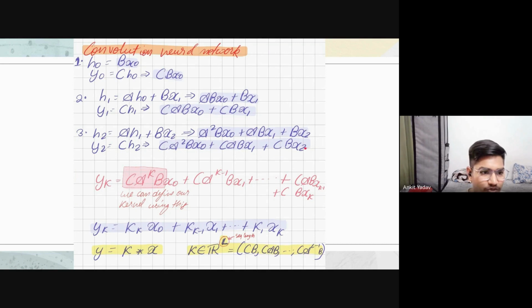Now, if we see a common trend, what is happening here is, at yk, here k is 2, what is happening is C A^k B x0, C A^(k-1) B x1. It will go till C A^0 B xk.